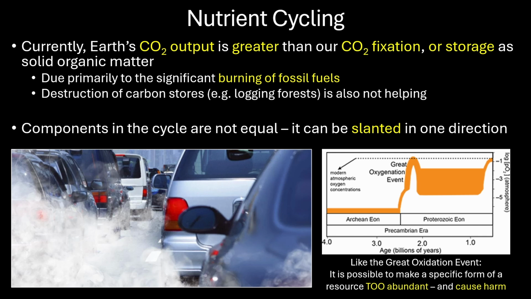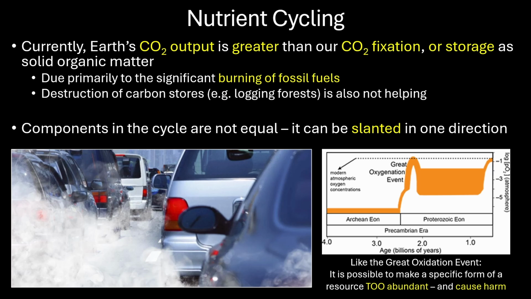And a lot of that is due to us actively burning those fossil fuels. We are taking a lot of this long stored carbon out of the earth that was once buried, and we're burning it, putting it back out into the atmosphere. So we're increasing carbon dioxide in the atmosphere.